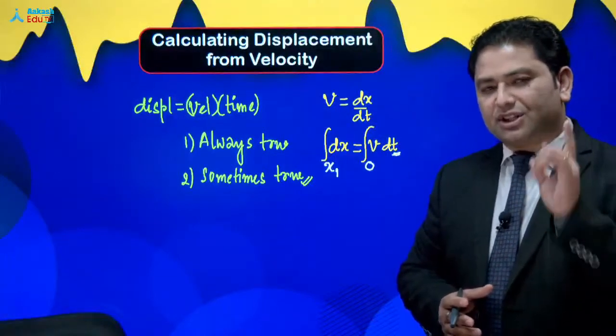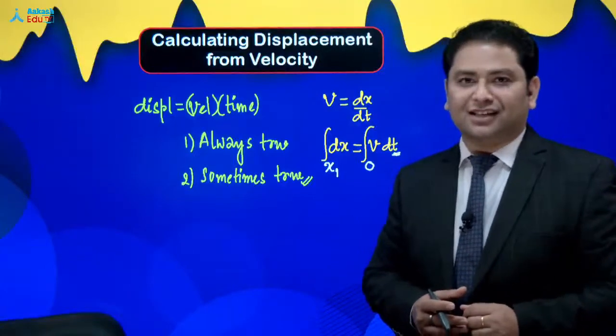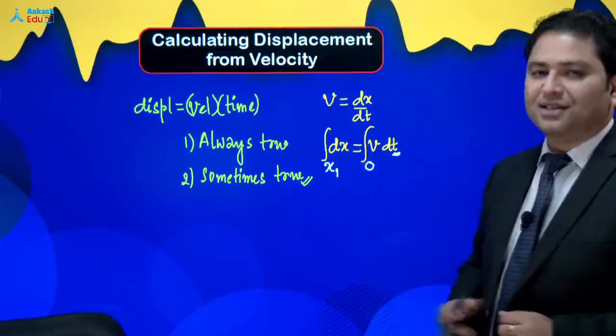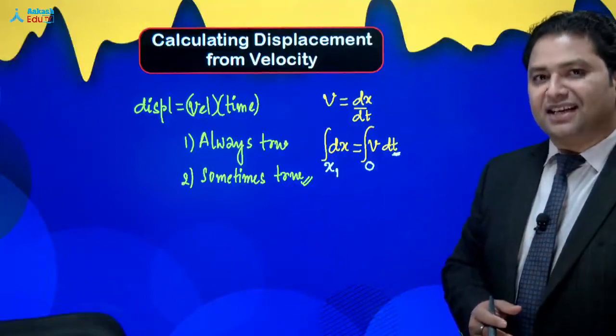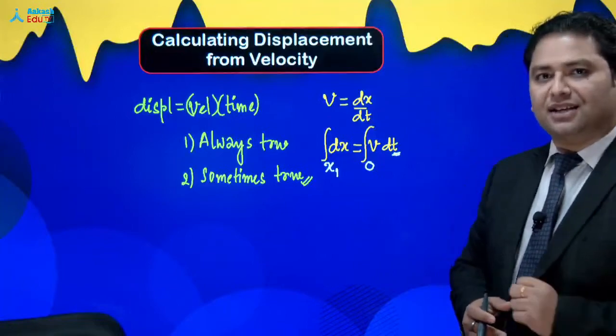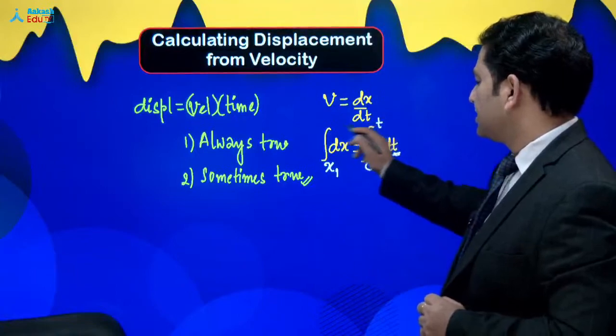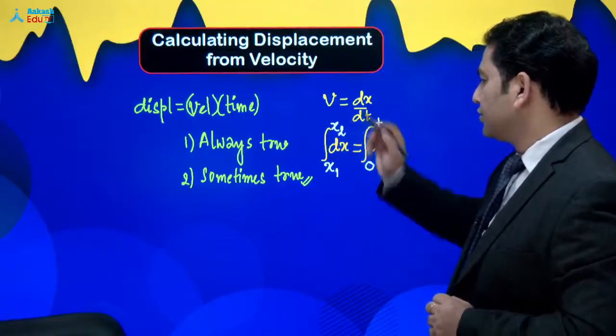But until the question has said that the particle begins from origin, we can't say this as 0. It has not said yet. So, to be on the safe side, let's put at t equals to 0, x is x1. At t equals to t, the x is x2.